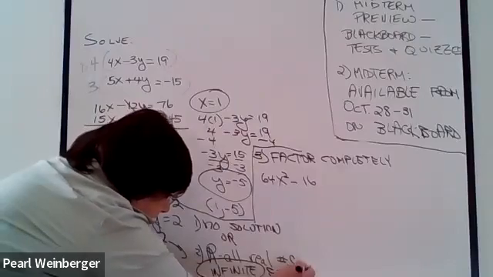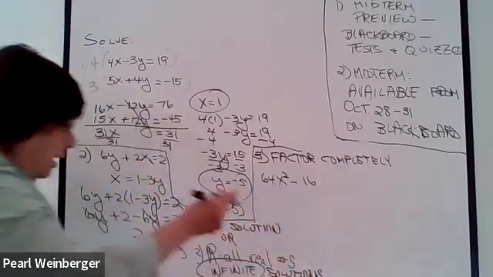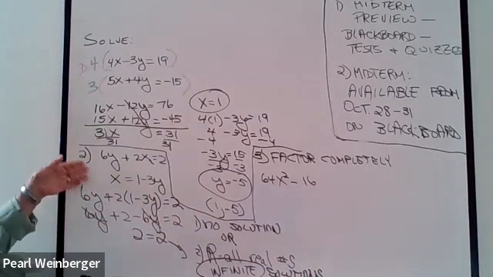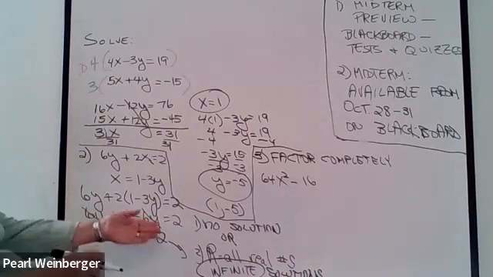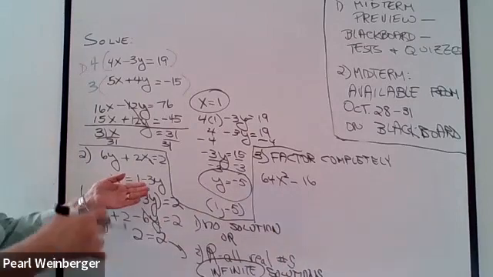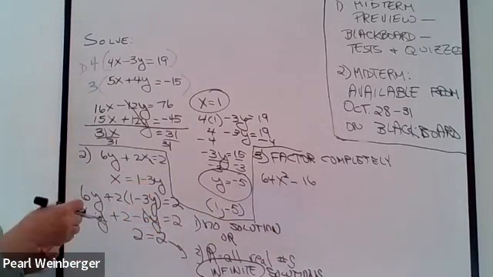I can pick any number I want for x, or in this case for y. I can pick any number I want for y. My x will be 1 minus 3 times that number, and that solution will work.